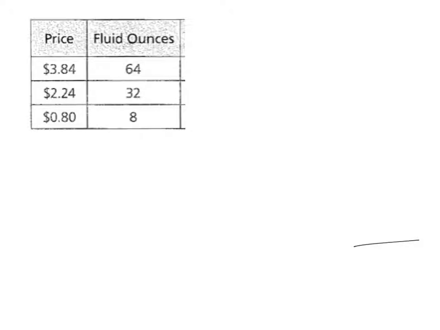So what I recommend when we test to see if the table is proportional is we're going to find the unit rate of each ratio, because if it is proportional, you're going to have to tell me the unit rate anyway. The unit rate, remember, can also be called the constant of proportionality. Okay, so what I would recommend is making another column here on your table, and we're going to label this unit rate.